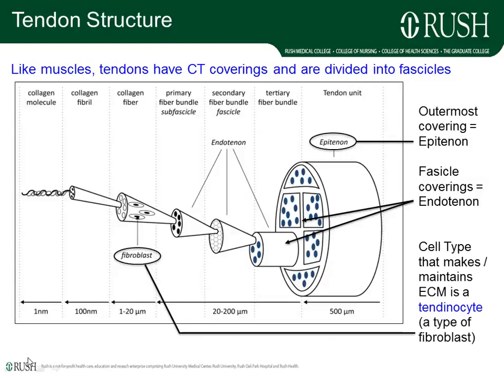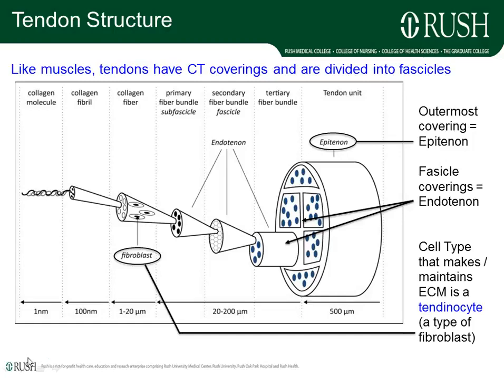So how is a tendon put together? Like muscles, tendons have those connective tissue coverings and are divided into fascicles. So the outermost covering that ensheathes the entire tendon is called the epitendon, and within the tendon there are fascicles and subfascicles and so on, and those are covered by something called endotenin.